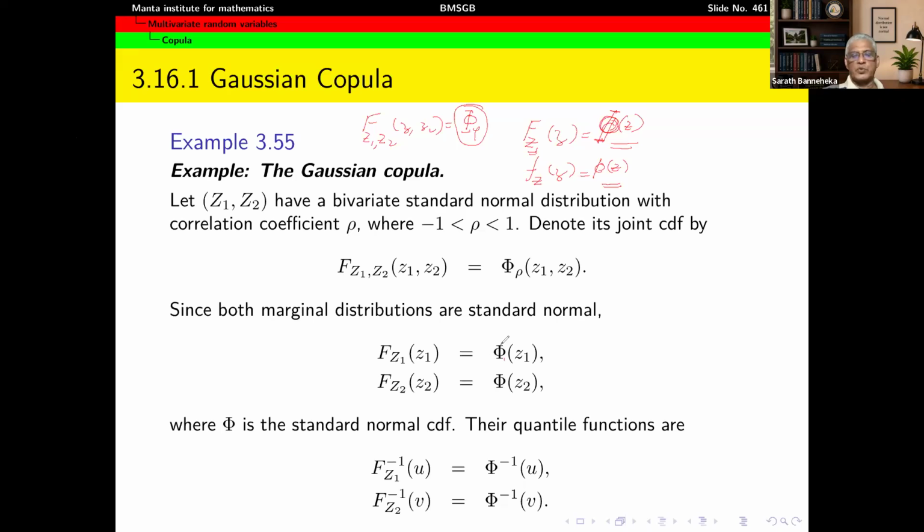So therefore, it's enough to use the same notation Phi, because these marginal distributions mean marginal CDFs here, right? So capital F is capital Phi. If we want, we can denote this by Phi 1 and Phi 2, but Phi 1, Phi 2 both will be Phi. And we will also use Phi inverse to denote the inverse of this function, right?